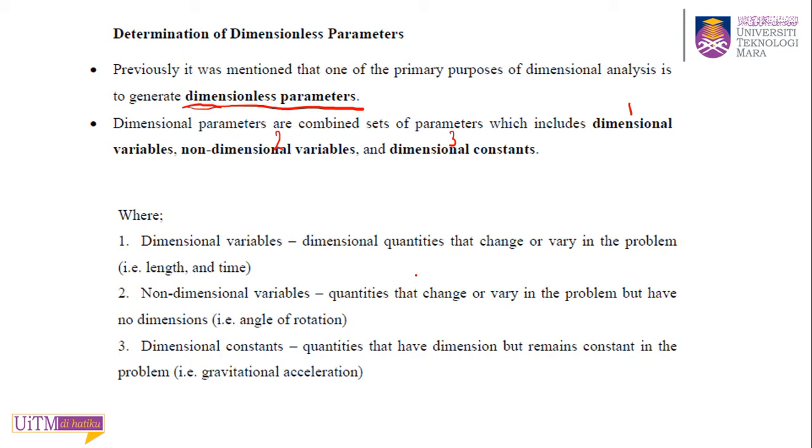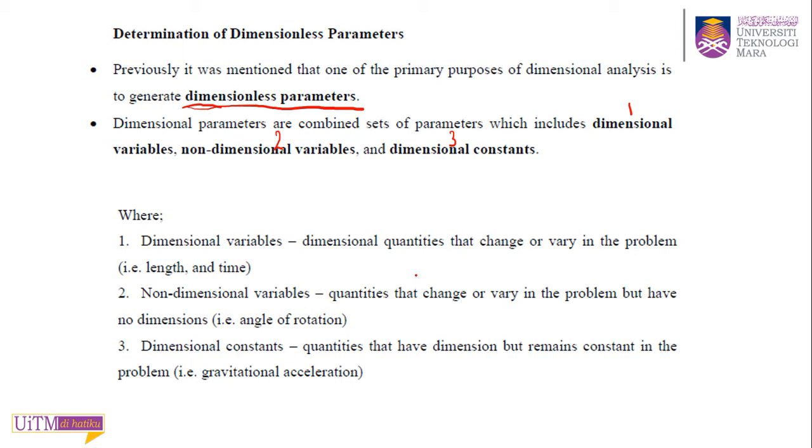And the third one is dimensional constants. These are quantities that have dimension but remain constant in that problem, in that equation. For example, G, the gravitational acceleration constant. We have seen a lot of equations where you used G. G has a dimension of meter per second squared, but it remains constant in the equation.